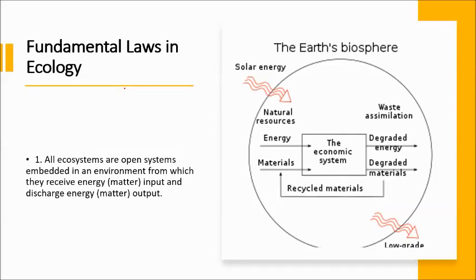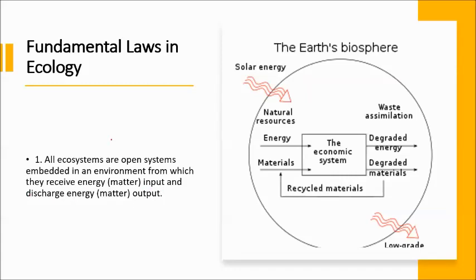The first one states that all ecosystems, I believe you have absorbed what an ecosystem is. You know what an ecosystem is, no? So all ecosystems are open systems embedded in an environment from which they receive energy input and discharge energy output.